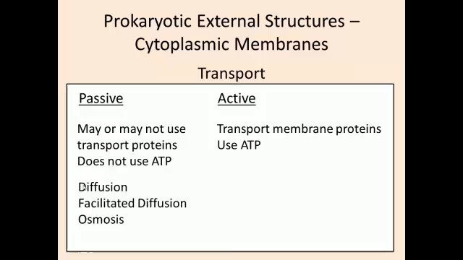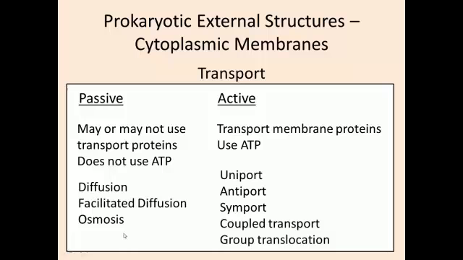Now, sometimes diffusion doesn't happen fast enough, so the cell has transmembrane proteins that speed things up. For example, if water isn't diffusing in fast enough, bacteria can open up aquaporins to let more in, or out if that is what is needed. We've already talked about how water comes in and out through osmosis, which is a specialized type of diffusion.